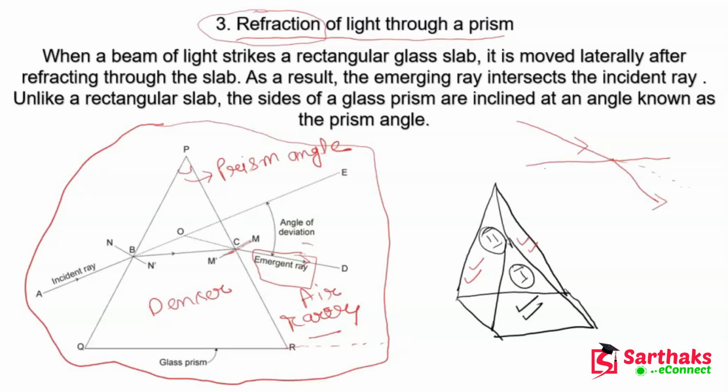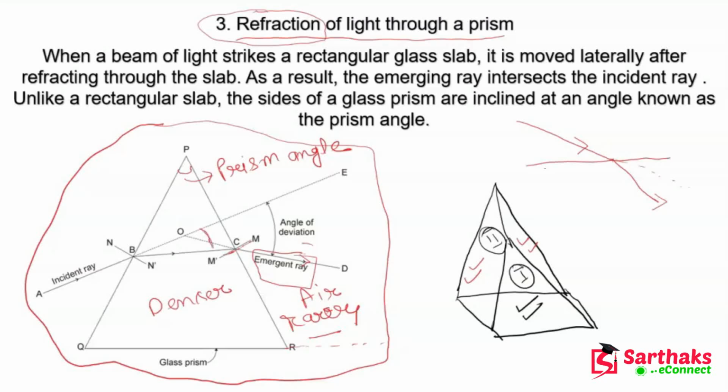Now let's talk about the other thing. You can see that the peculiar shape of the prism makes the emergent ray bend at an angle to the direction of the incident ray. This incident ray and this emergent ray are making an angle.